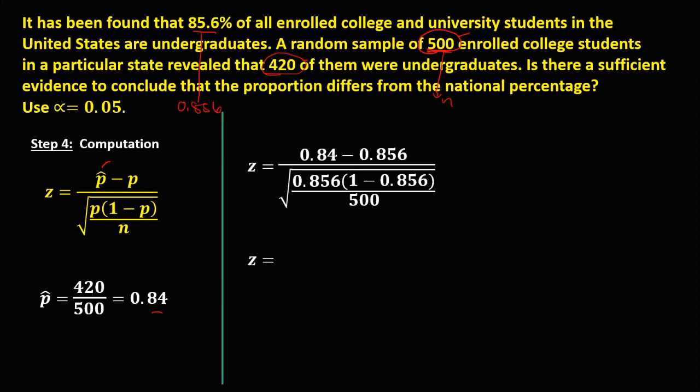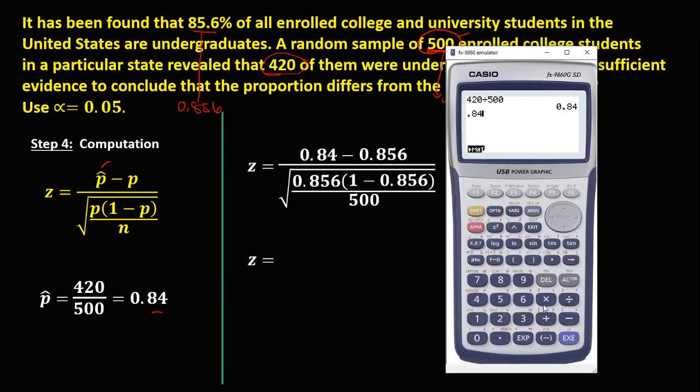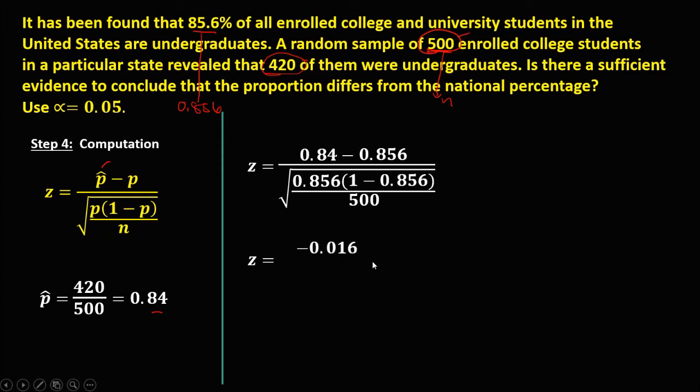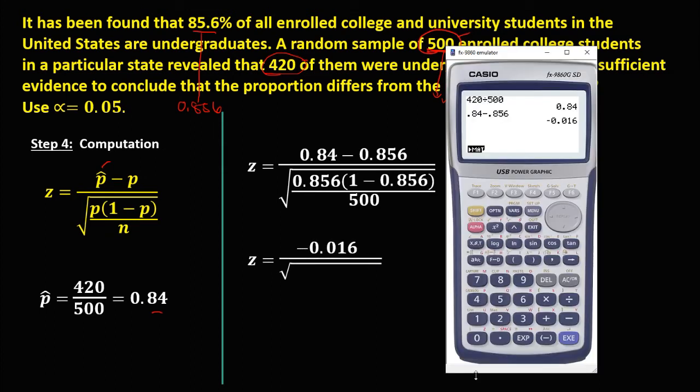So 0.84 minus 0.856 is negative 0.016. Then 0.856 times the quantity 1 minus 0.856 is 0.123264. Then divide by the sample size, 500, and we have 0.0002465.